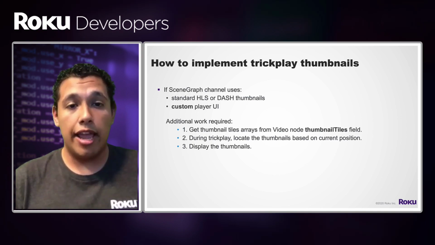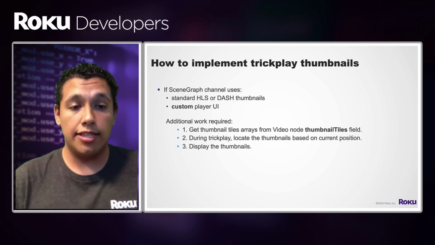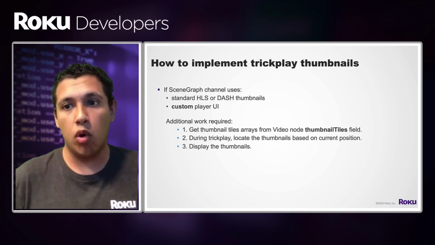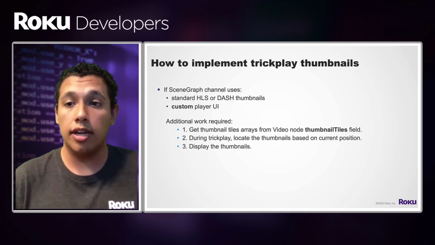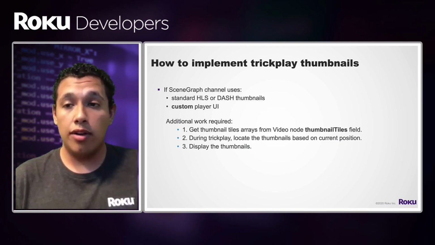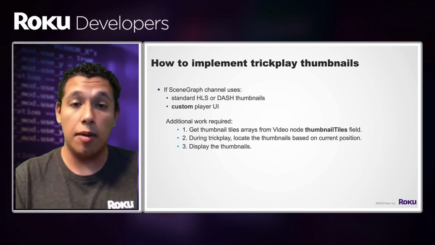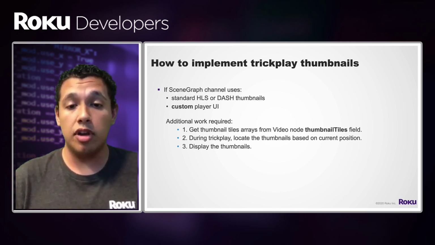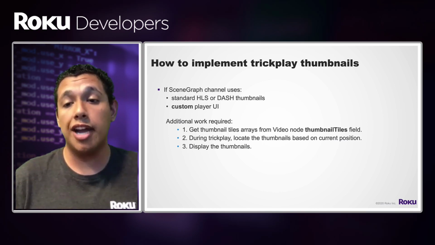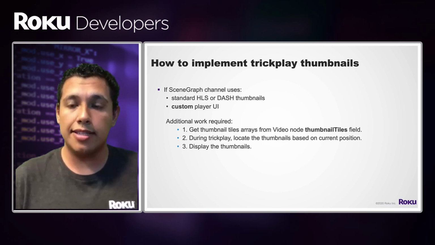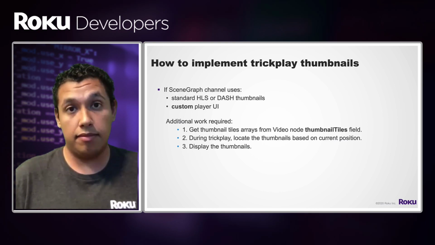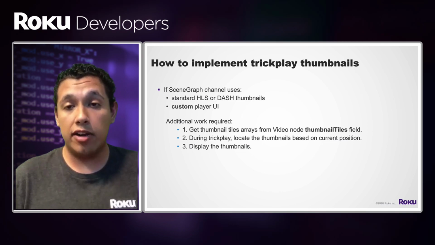However, for an implementation with the standard HLS and Dash thumbnails with a custom UI, there is a bit more work that has to be done for displaying these thumbnails. One of them is essentially being able to retrieve those thumbnails in the first place. The channel developer would have to observe the video node's thumbnail tiles field, and on every update that field makes, the channel will need to get that metadata down to the channel.